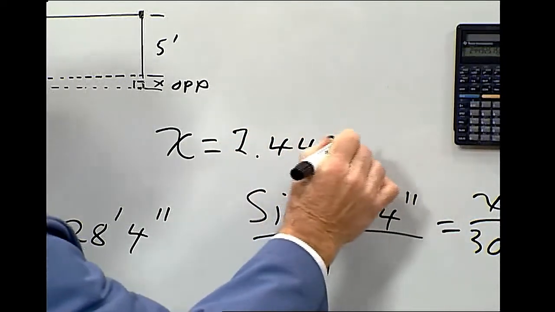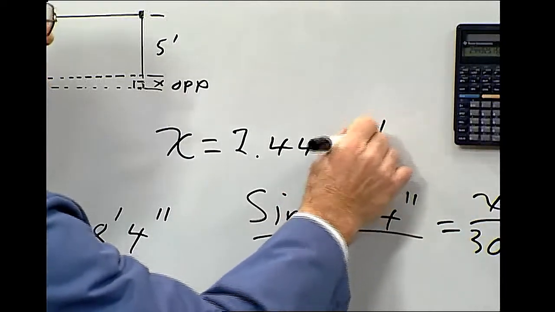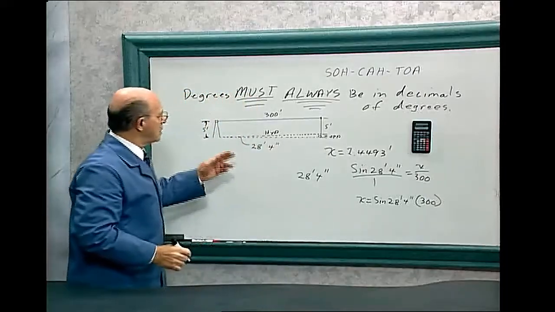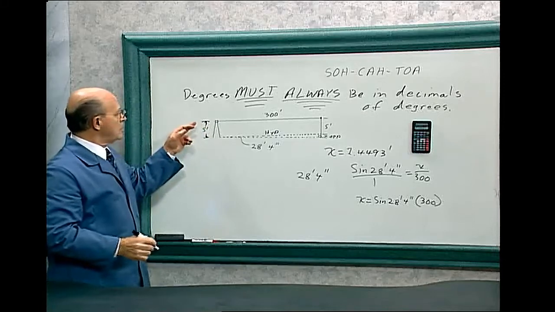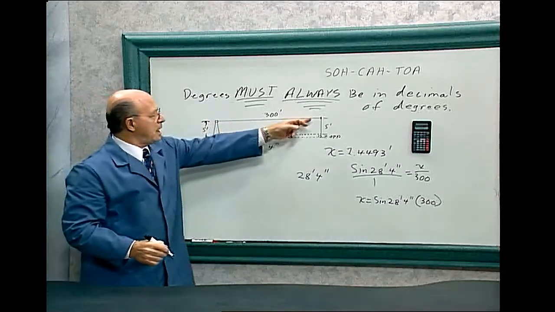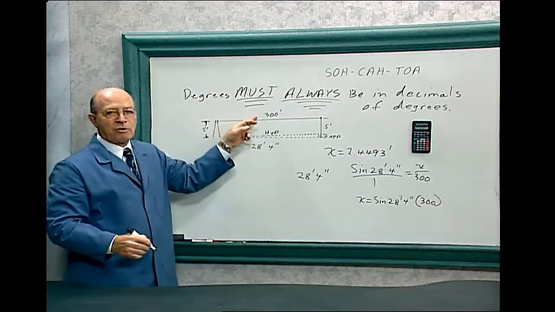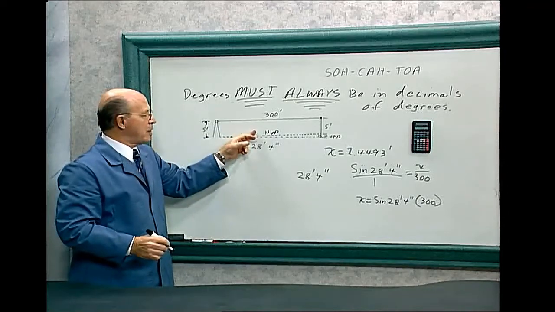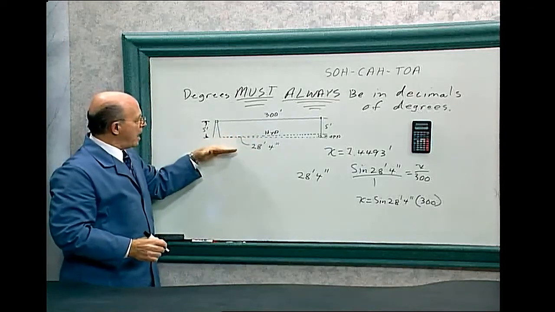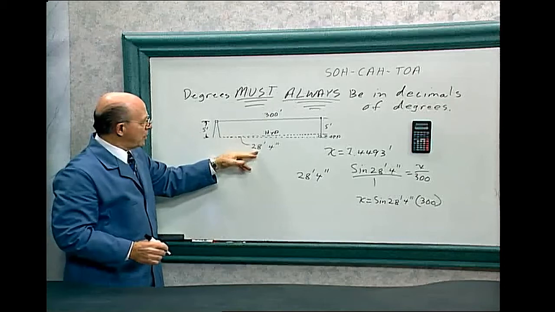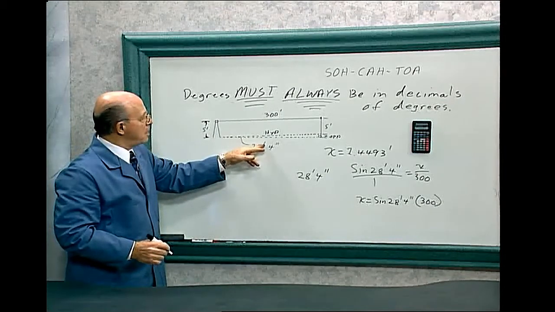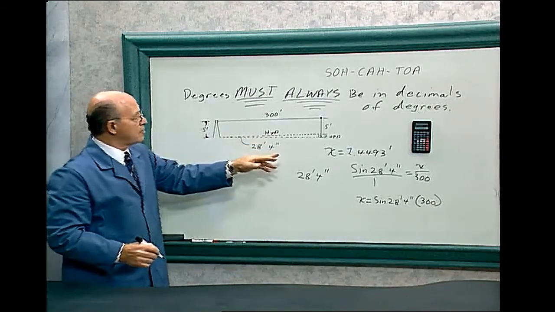So x equals 2.449, and the 2 gets rounded up to 3 feet. So when the surveyor reads his laser beam, it comes back 300 feet, and remember, that's the hypotenuse. The angle of elevation is 28 minutes and 4 seconds.